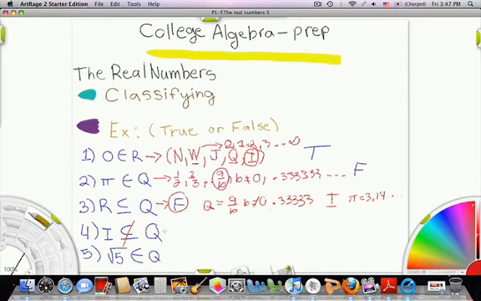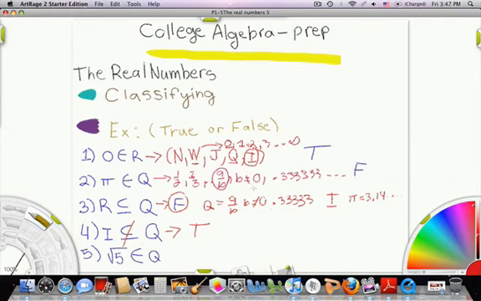Because we just actually proved that here, that was the defining principle that caused the previous statement to be false. So this is true.